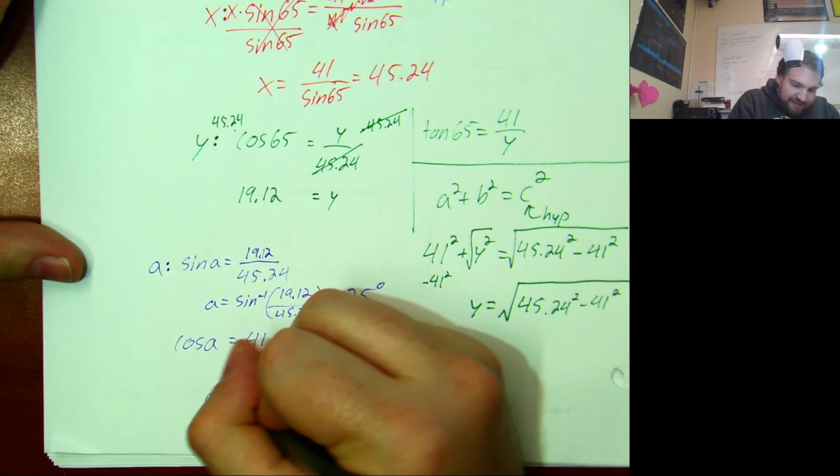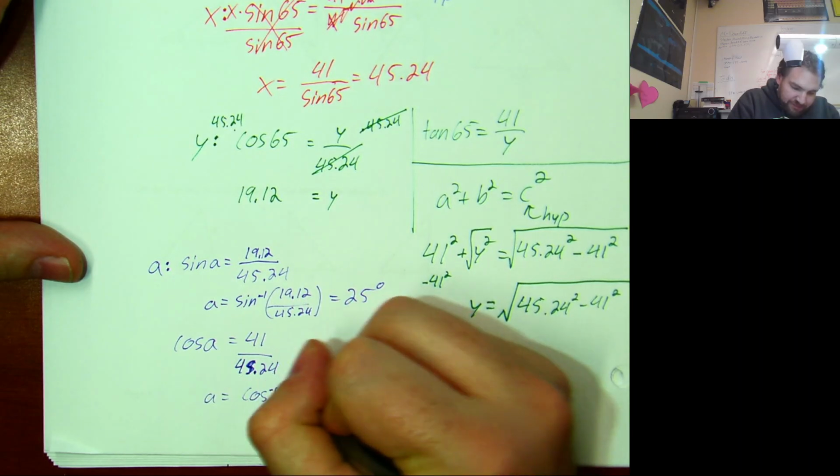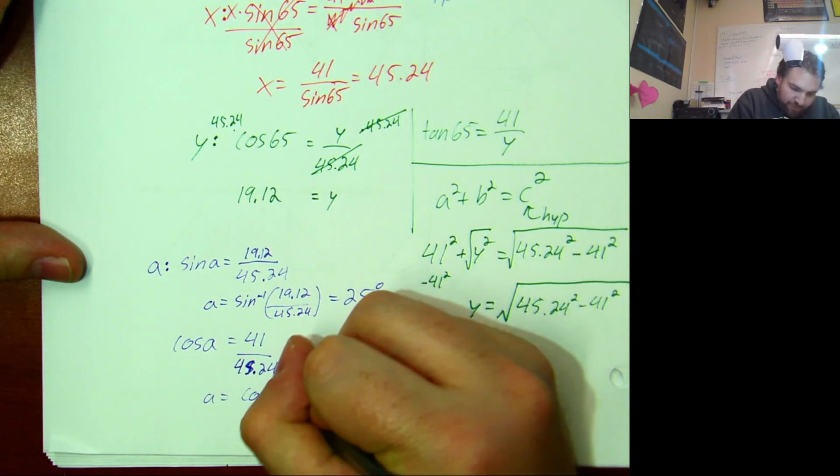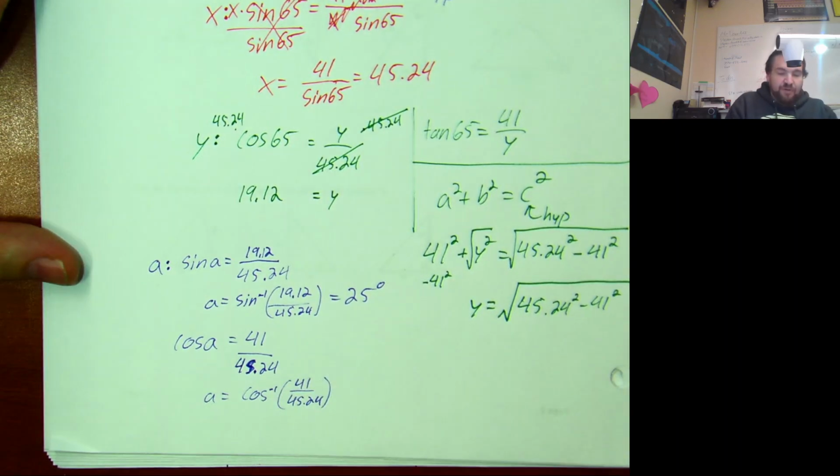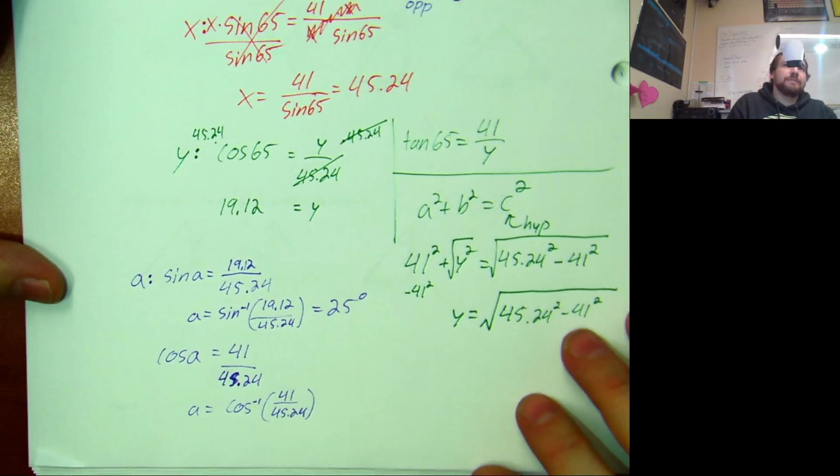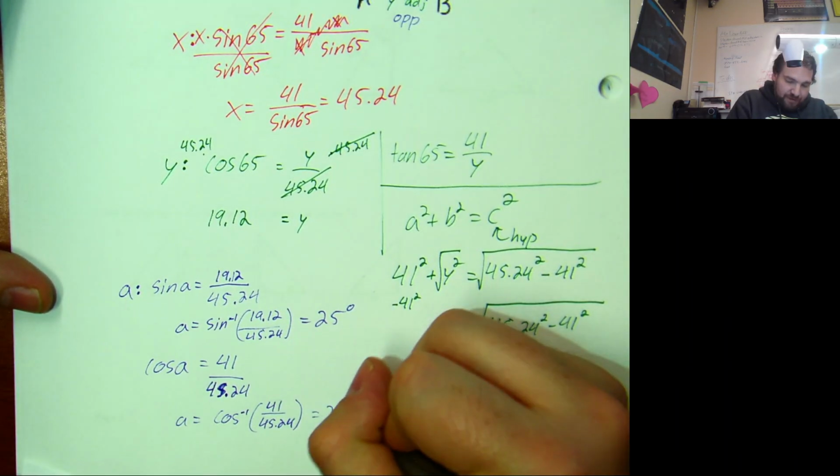So then A is going to equal the cos inverse of 41 over 45.24, which is going to give us the exact same value, 25 degrees.